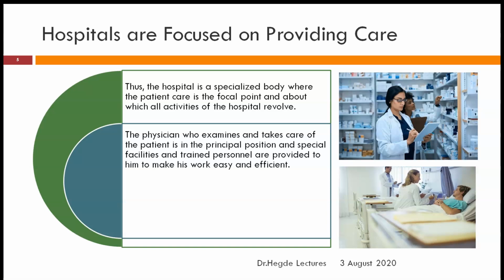He is the main person behind the diagnosis and takes the medical decision. He is a decision-making authority, and apart from the physician, there are trained personnel assisting him to make his work very easy and efficient, where many other healthcare professions may be involved to carry out his work smoothly and effectively.